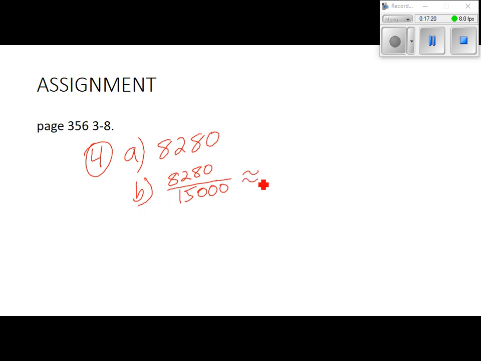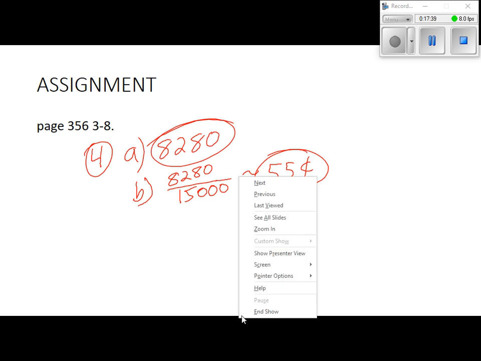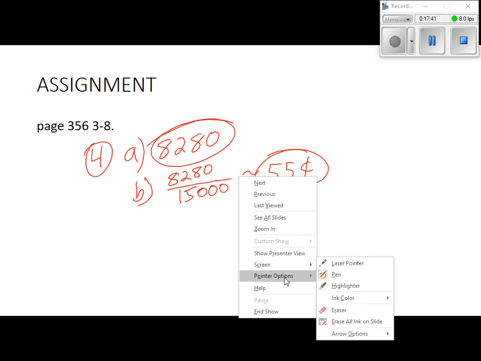How many cents is it? 55 cents. Everybody got that one? Nothing really hard about this, it's just following the formulas.